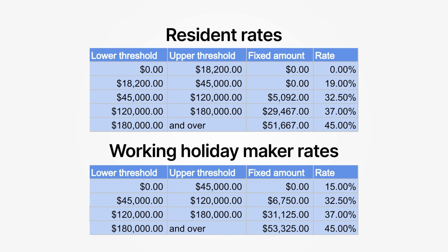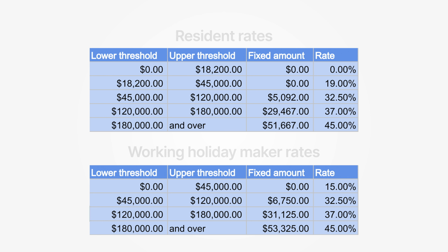Notice that for people making between $45,000 and $120,000, inside of these working holiday makers brackets, the fixed amount is $6,750, which of course is 15% of $45,000, whereas for the same bracket of people making between $45,000 and $120,000 as residents, the fixed amount is $5,092, which is only 19% of $26,800, which is $45,000 minus $18,200, because the first $18,200 are tax free.